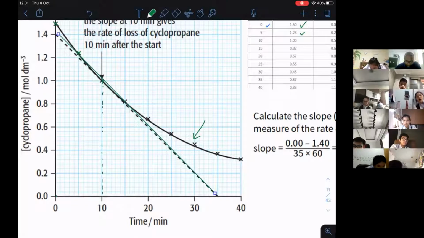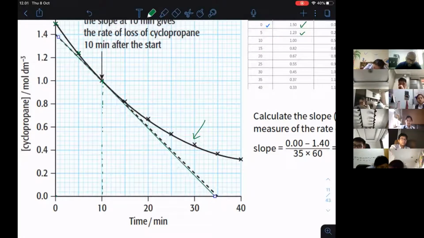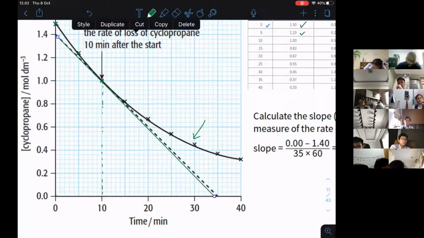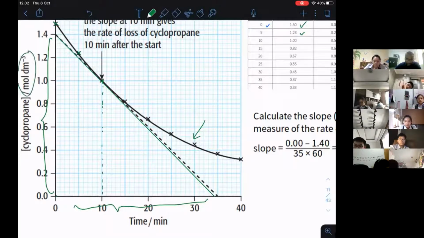You can see they pass through, then they manage to touch at one point. If you measure the gradient by looking at this y divided by this x, the gradient will tell us the rate, because this is mole per dm cube and this is time, which is minutes.